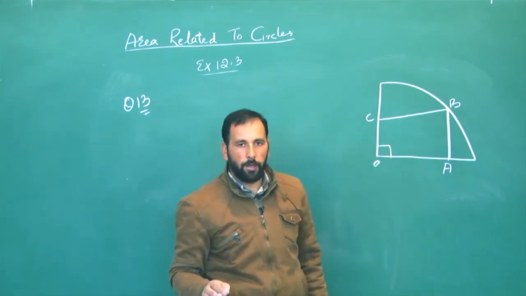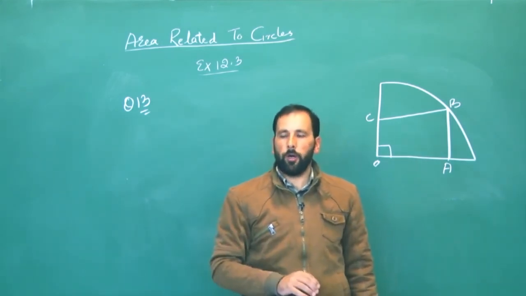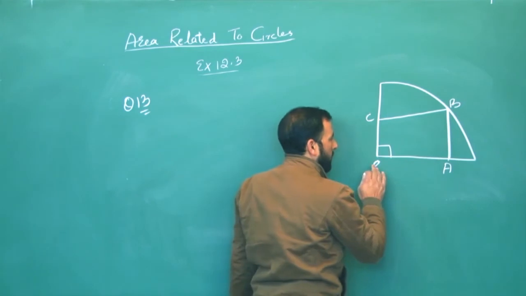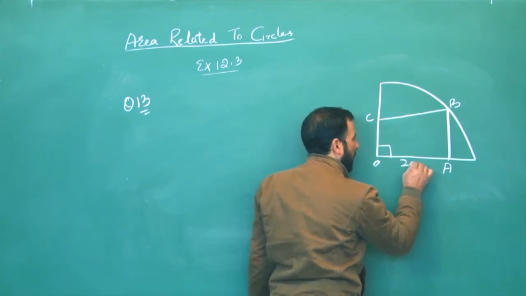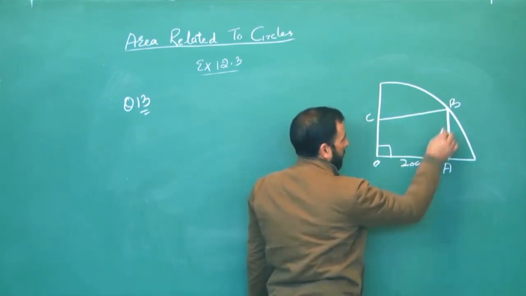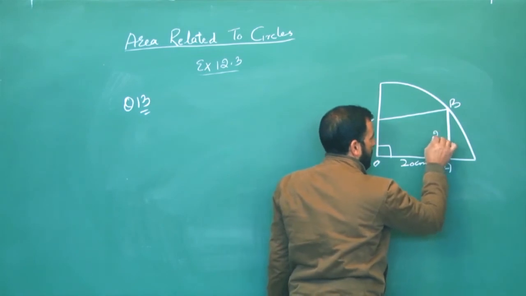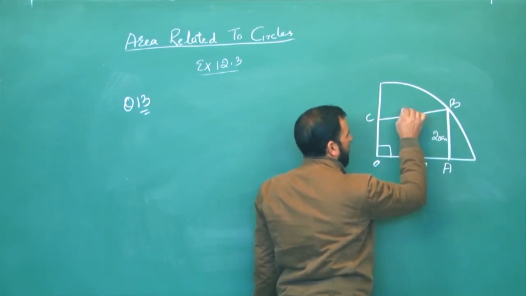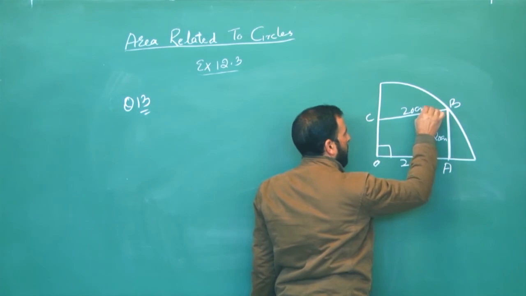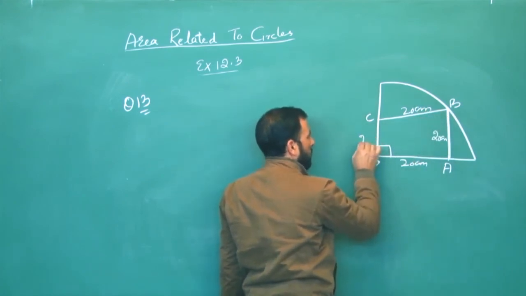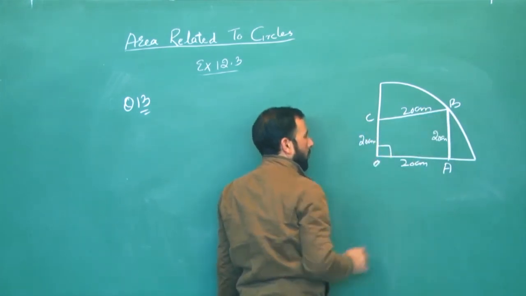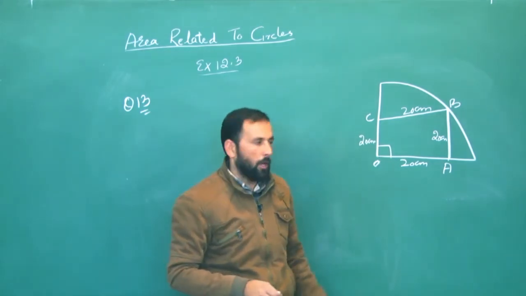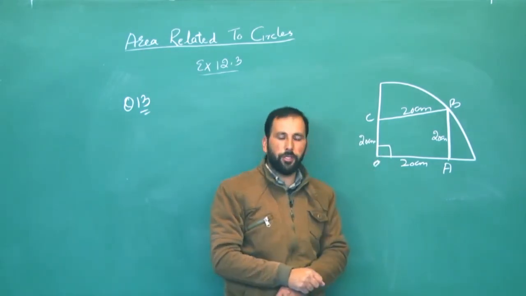If it is a square, it means all sides of a square are equal. So in the question it is given that the side OA is 20 centimeter. This is BA or AB, it is also equal to 20 centimeter. This BC is also 20 and this OC is also 20 centimeter, because all sides of a square are equal and each angle is equal to 90 degrees.